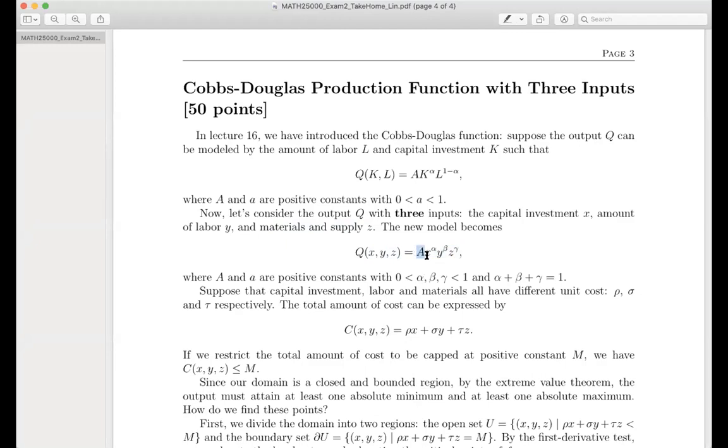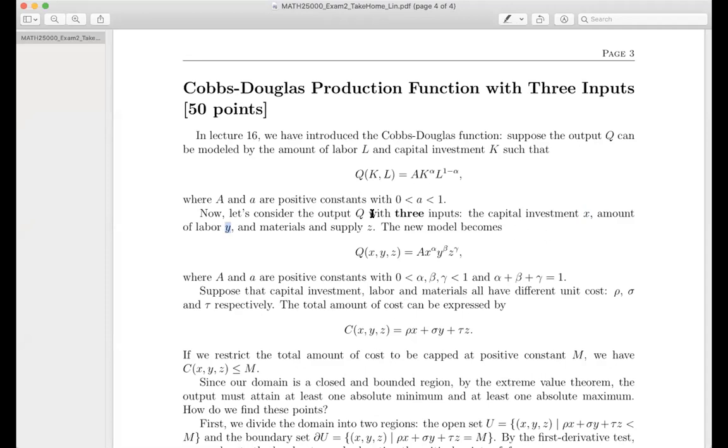In this case, the big A, alpha, beta, and gamma are constants. The variables are x and y and z. Basically, it tells you how much you should invest in order to get the maximum outputs. So if the capital investment, labor, and materials all have different unit costs, maybe in some environment, the labor costs more.